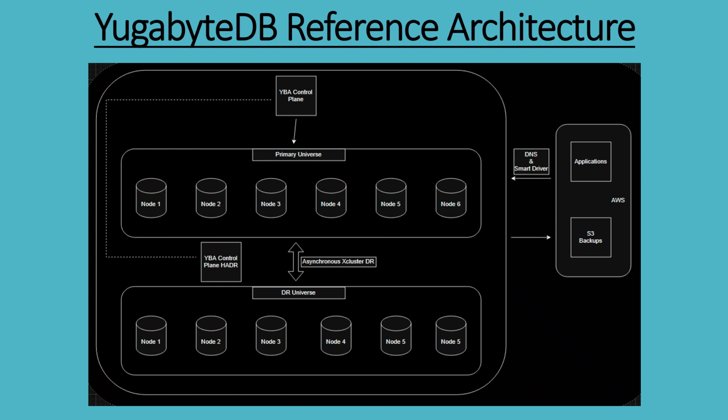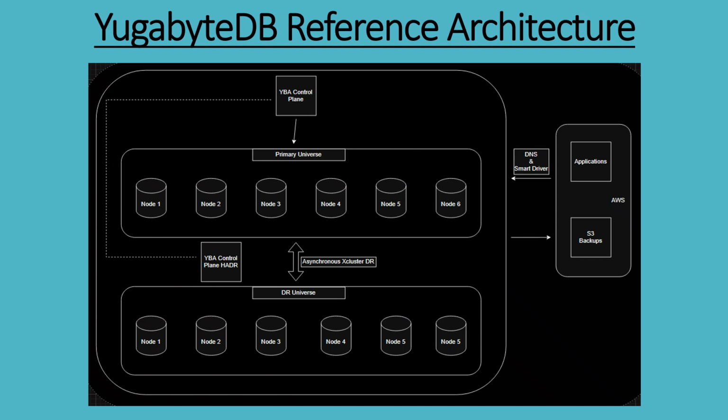So a group of nodes is going to form a universe. The nodes 1, 2, 3, 4, 5, 6 at the primary site form one universe, which we are calling the primary universe, and the nodes 1 to 6 below we are calling a DR universe. So technically you can think there are two universes in this architecture: a primary universe and a secondary universe.